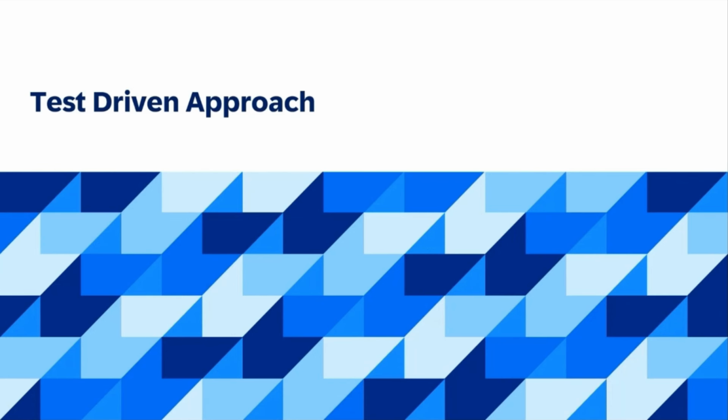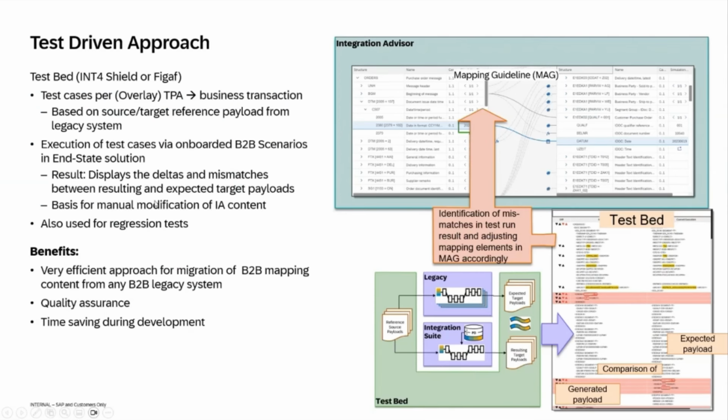now I would like to explain something about the test-driven approach. In this method, we aim to generate the MAG by using available payload pairs from the legacy system, that is the actual input and output data.